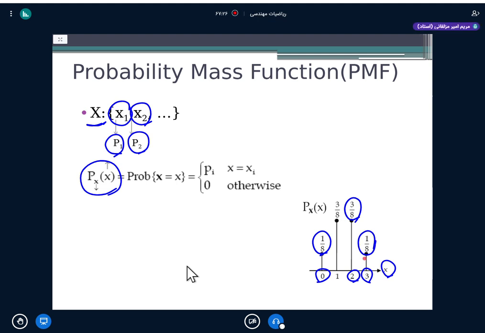This is the meaning of PMF. PMF simply specifies the probability of different values of a discrete random variable. Any question? Is my voice clear?